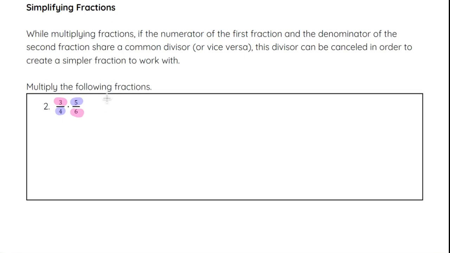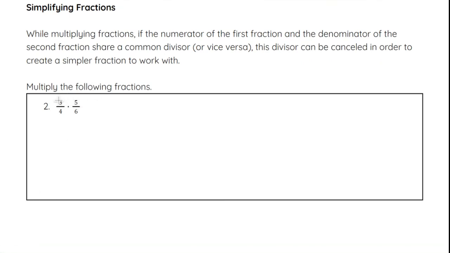So I'm going to show you two methods here. I'll show you the method that we just used, where we don't worry about simplifying before we multiply, and then we will also talk about how we could simplify before we multiply in this problem. That might make it a little easier to work with, especially since you won't have a calculator.